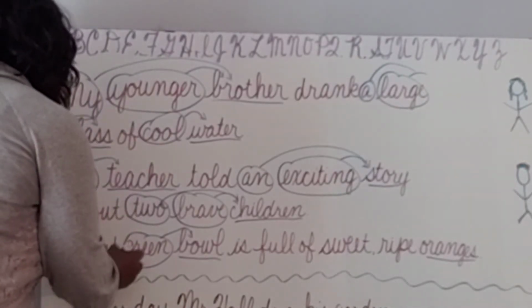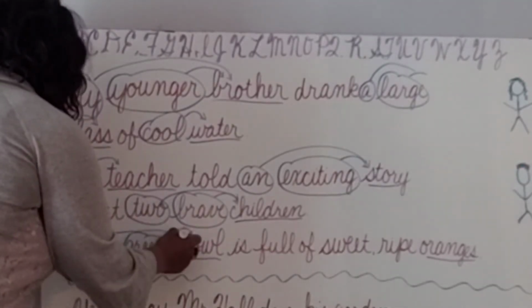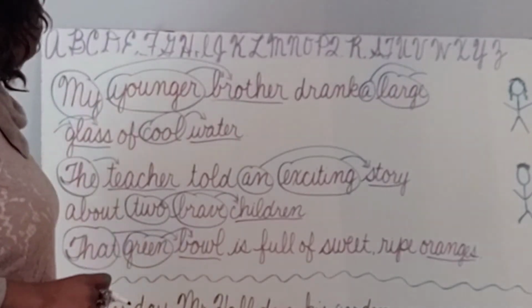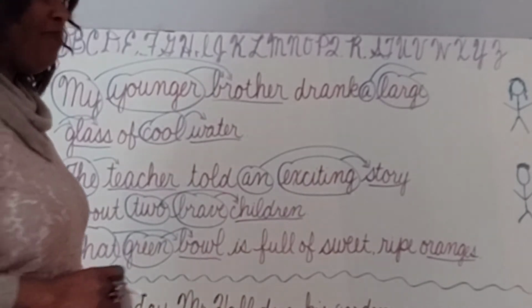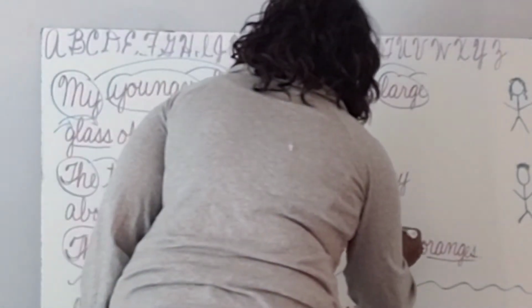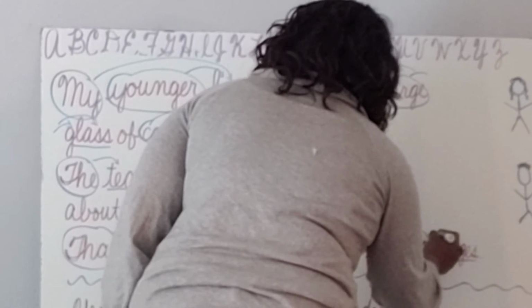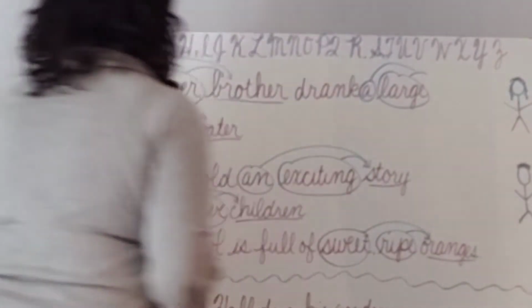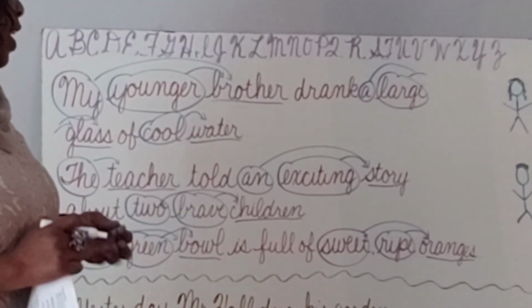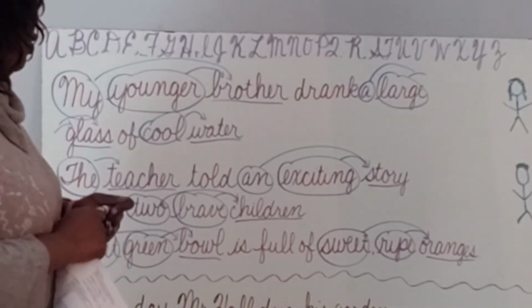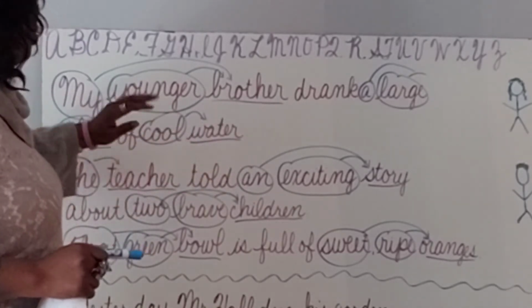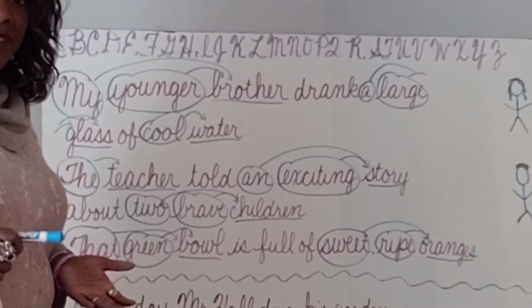That one, not this one, that green bowl, that bowl, okay? That is describing bowl. What is describing oranges? Right, what kind? Ripe, thankfully. And what kind? Sweet. So both sweet and ripe are describing oranges. And we have just found all of our nouns and circled all of our adjectives for all of those sentences.